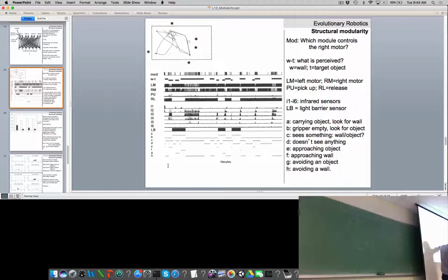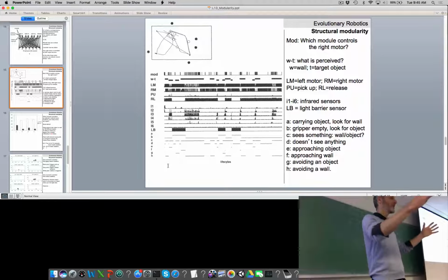Do any of these correlate with the module up here? C seems like it's really close. C is maybe, not quite. Some correlation. So in all of these, there is some overlap, but not perfect, which means, unfortunately, it's impossible for us to say what the robot is sensing when it decides to switch between these.